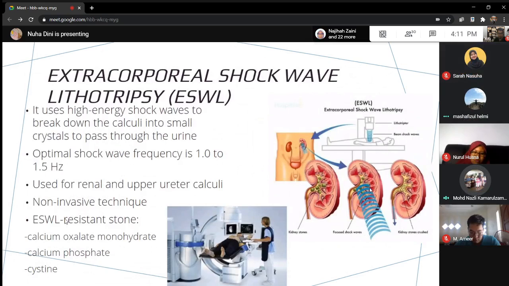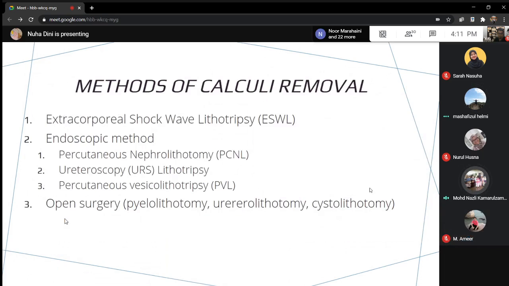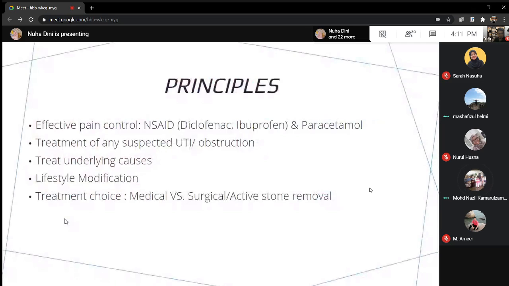As I mentioned during investigation just now, it depends much on how the patient presented. In my management, I actually divide into two. One is simple ureteric or renal colic, who presented with colic or pain. Two is complicated, a patient with complication.